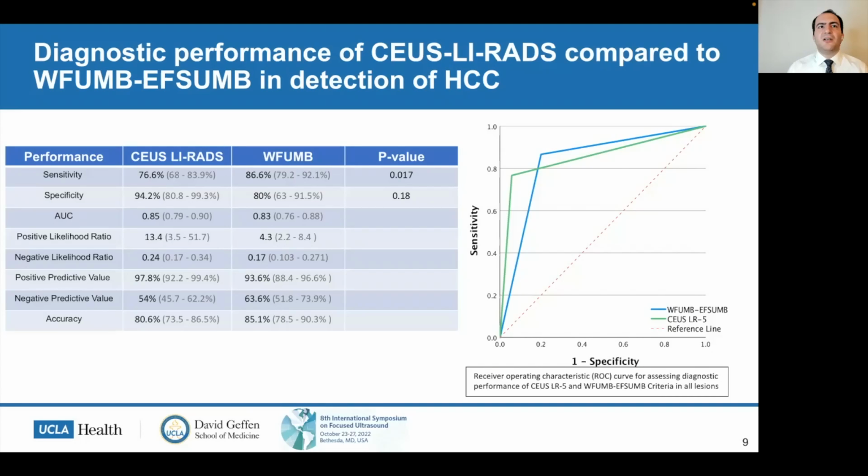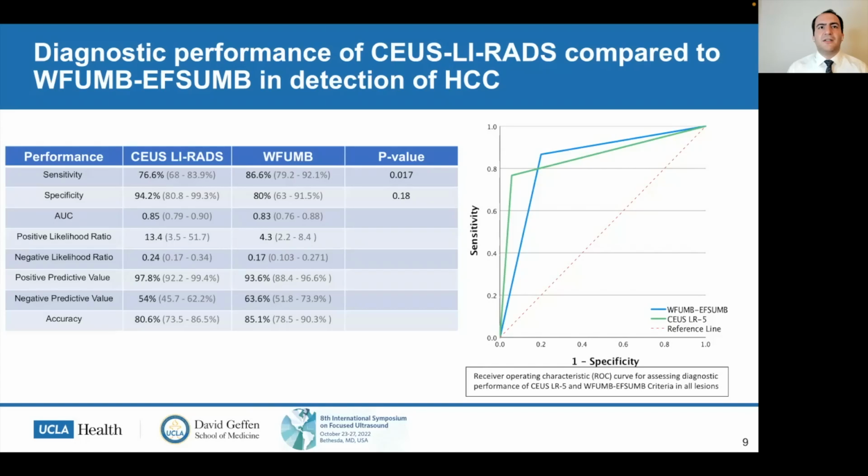We compared the diagnostic performance of the two protocols. The sensitivity of WFUMB was higher than LI-RADS in detecting HCC lesions, 86 versus 76. In contrast, the specificity of CEUS-LI-RADS was higher than WFUMB, 94 versus 80.